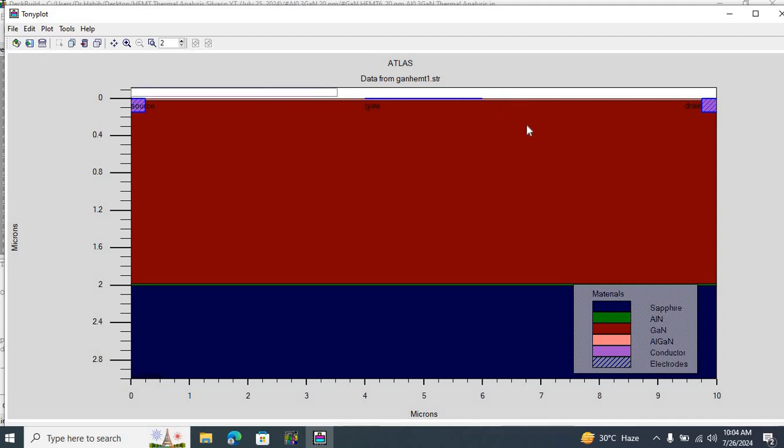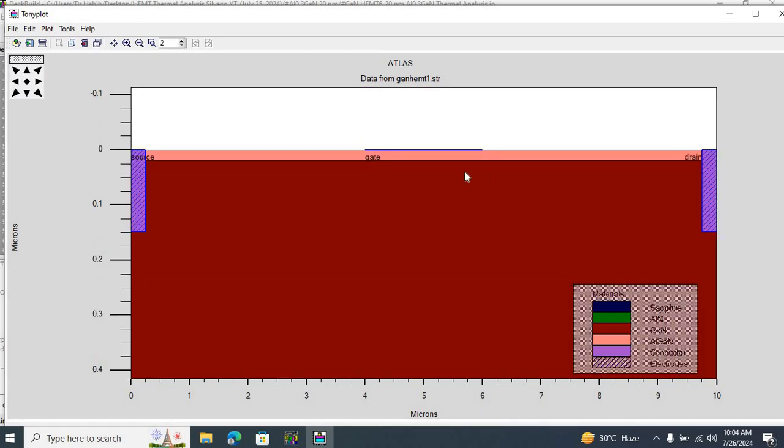Then sometimes we have a thin gallium nitride layer grown on top of the buffer layer, and this layer serves as the channel where the electrons move. The gallium nitride layer where the two-dimensional electron gas, over here we call it the two-dimensional electron gas because we form a quantum well, and inside the quantum well we confine electrons to 2 dimensions.